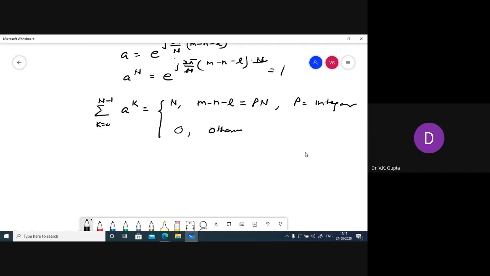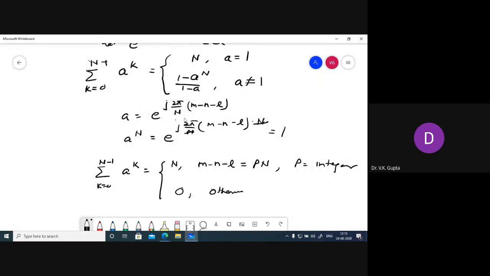Look here, a to the power N is always 1, means this term 1 minus a to the power N is 0. This is always 0 when a is not equal to 1.